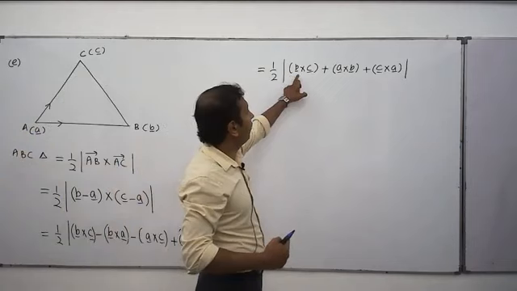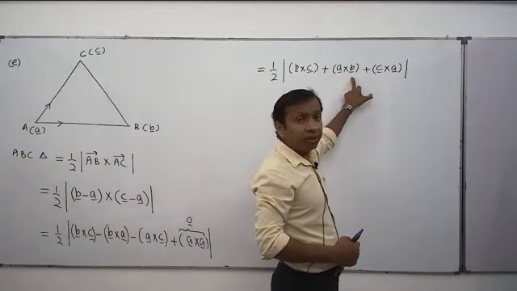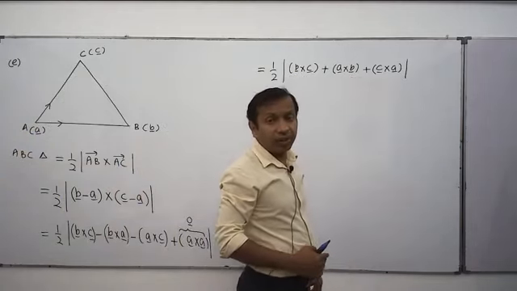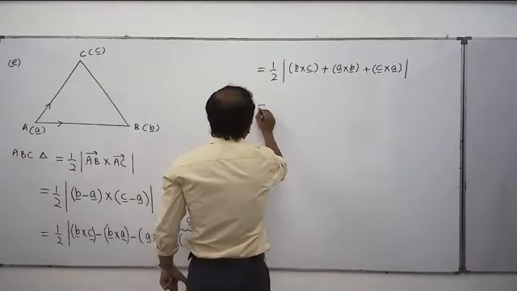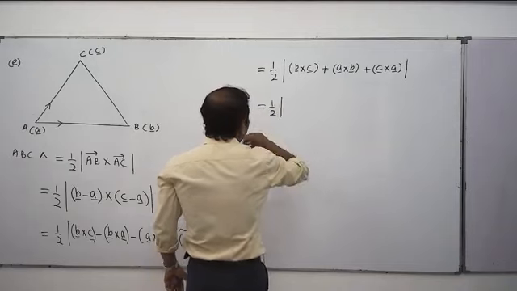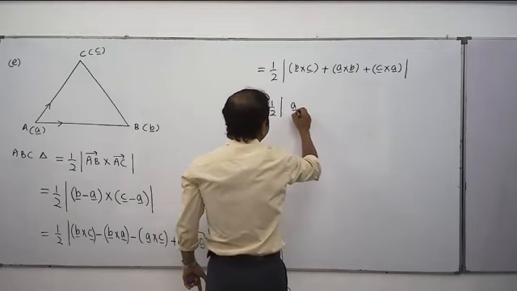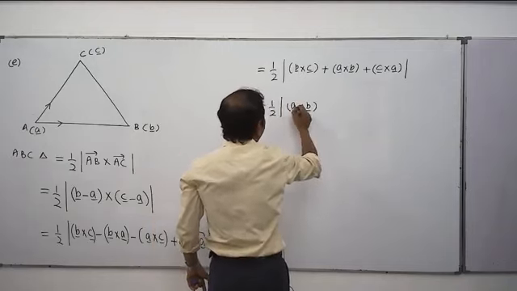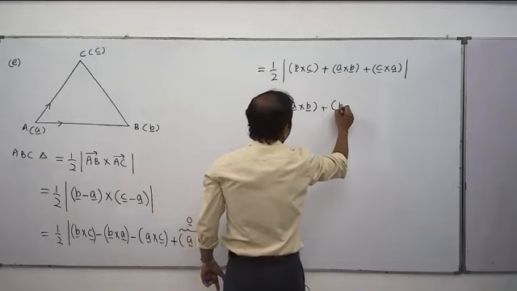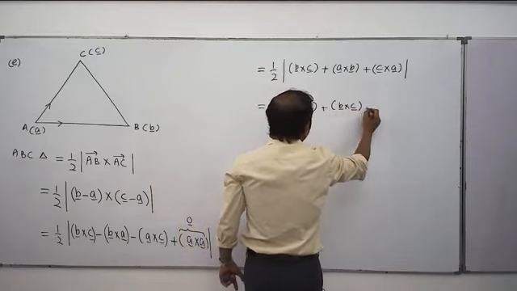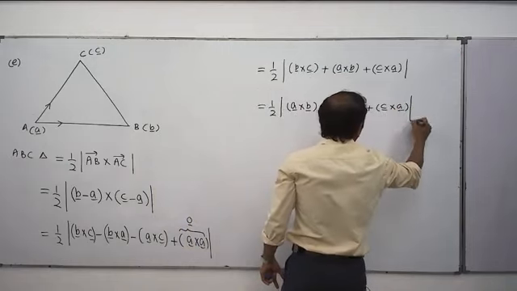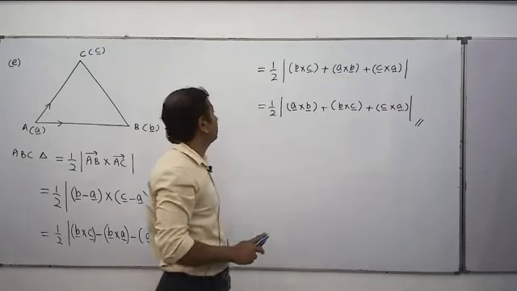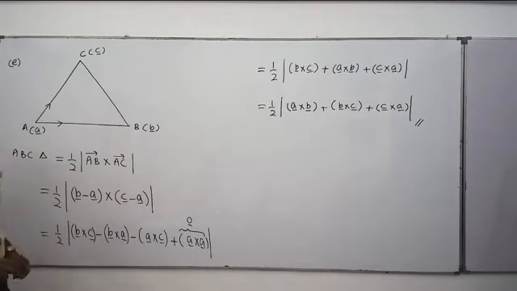B cross C is a vector, A cross B is a vector, C cross A is also a vector, so we can add these three in any order. So I can write half modulus, first A cross B, then B cross C, then C cross A. This way we get the ABC triangular area.